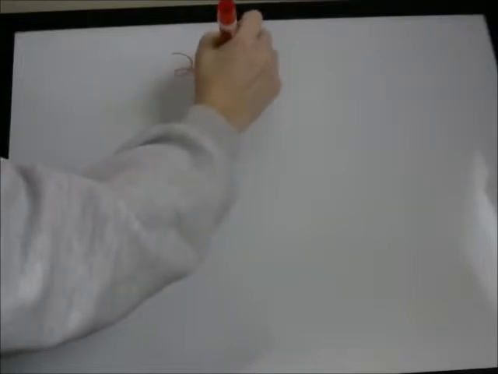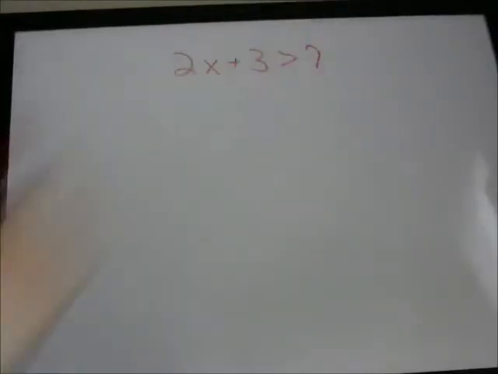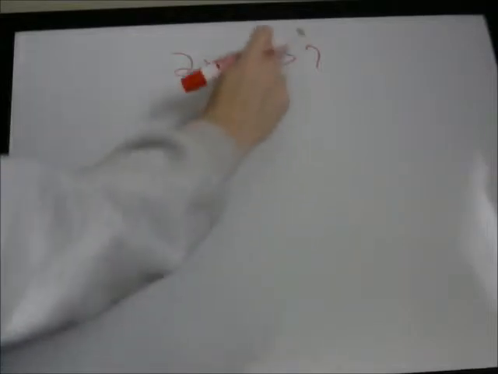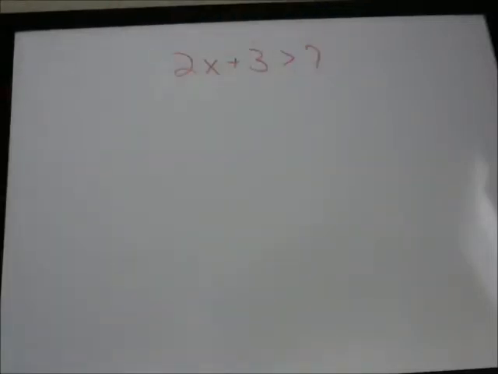I'm going to show you, for example, if we're given 2x plus 3 is greater than 7, and it says solve for x, we're going to treat this just like any other normal equation, assuming there's an equal sign there. Again, there are two exceptions when we can't follow that.